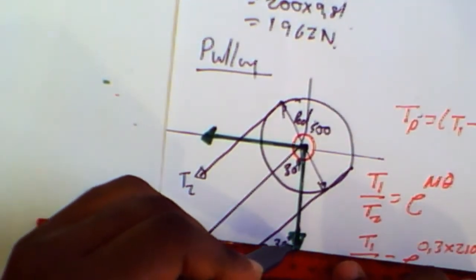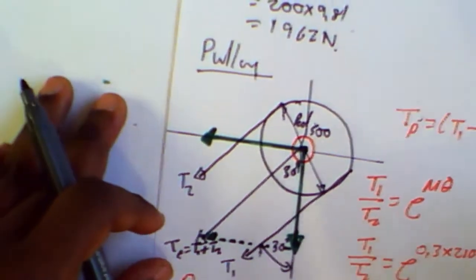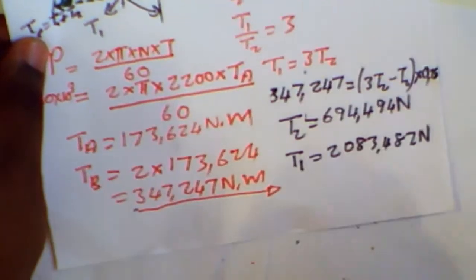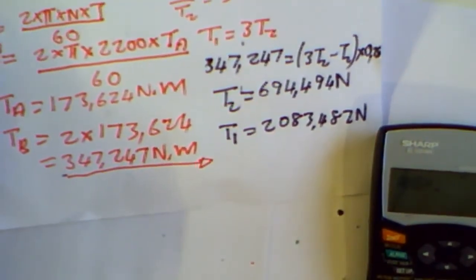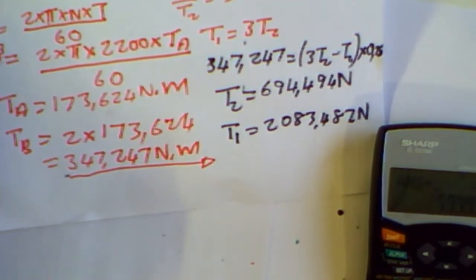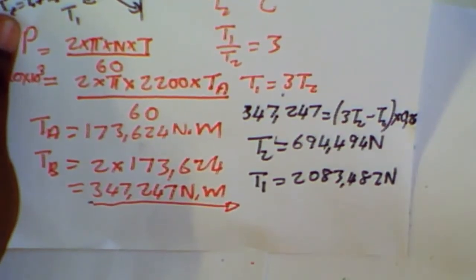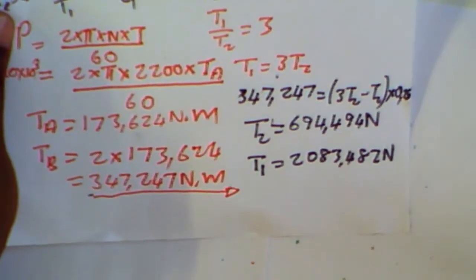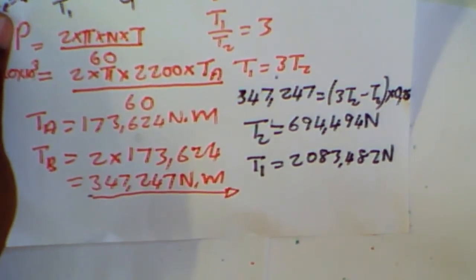If I just draw that in dotted line here, my horizontal force would be there. So if I add T1 plus T2, remember T1 plus T2, so let's add this one. I've already calculated T1, so 2,083,482 plus 694,494.